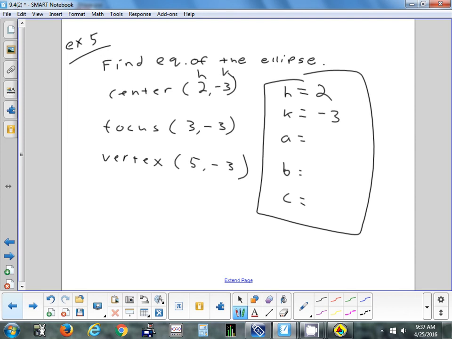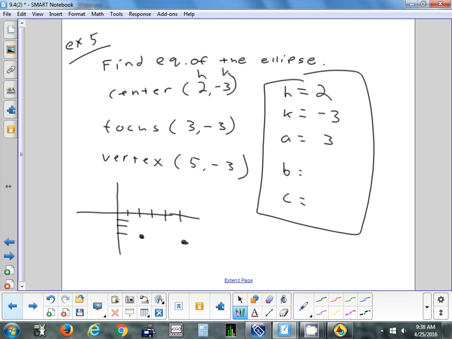It's 3. If you have trouble, just sketch it out. The center is 2 units right, 3 units down. Here's your center. Your vertex is 5 units right, 3 units down. So if I look at the distance between them, 1, 2, 3.